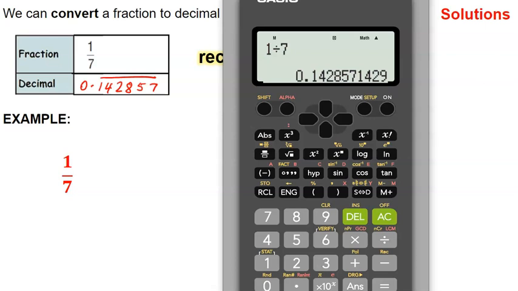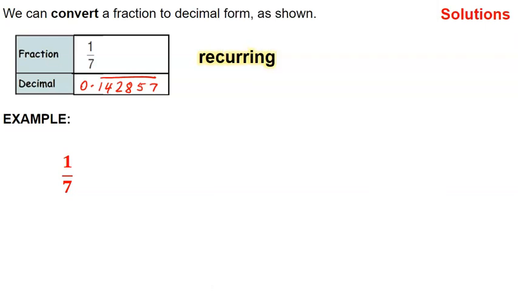At first glance, it looks like a random series of numbers. However, notice the repeating pattern. The digits 1, 4, 2, 8, 5, 7 go on to repeat. It's just not all displayed on screen. That's why this is also an example of a recurring decimal.